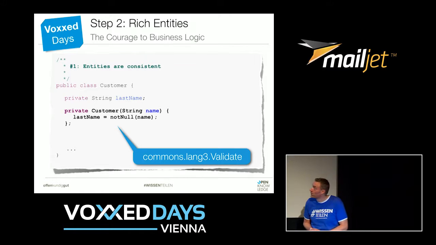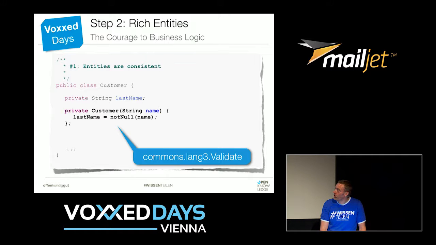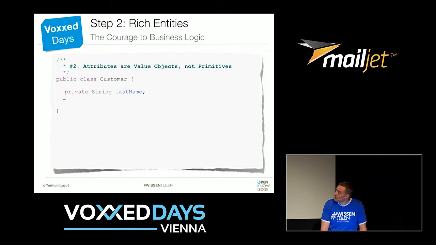This means, for example, if we take a look at rule number 1, entities are consistent. We make sure that we can create them only in a consistent way. Like we see over here, we cannot create a customer with a null value for the name. And as we learned before, we should not use a primitive for the name, but we should use something like last name, if it's relevant.